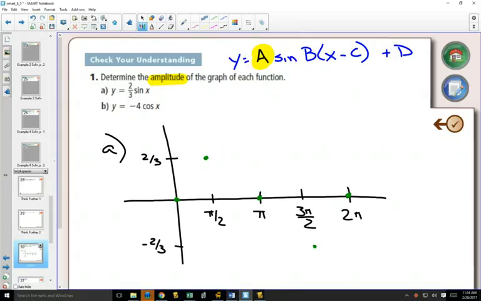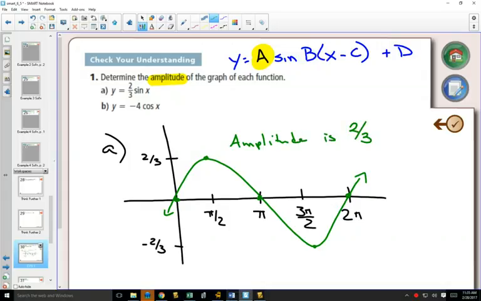So when we graph our sine graph for part A, our amplitude is now 2/3.